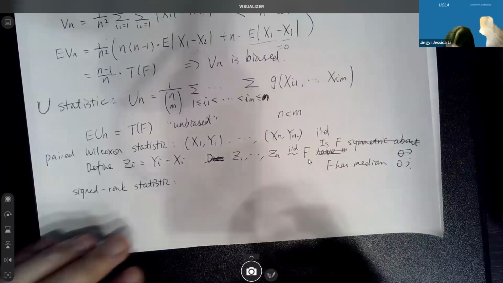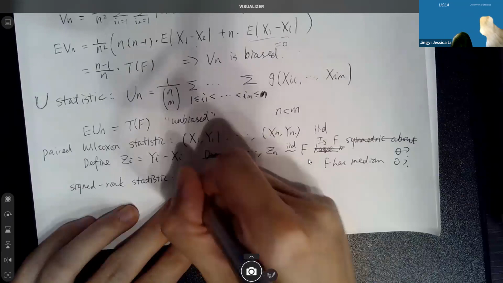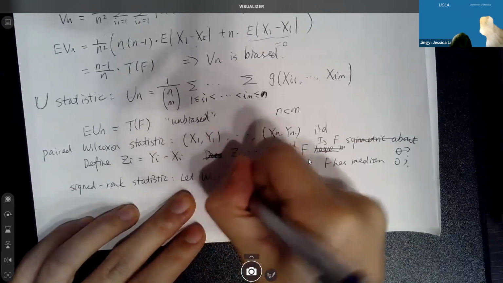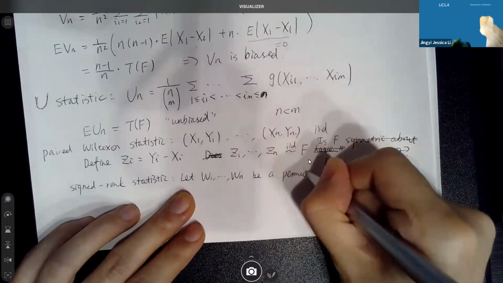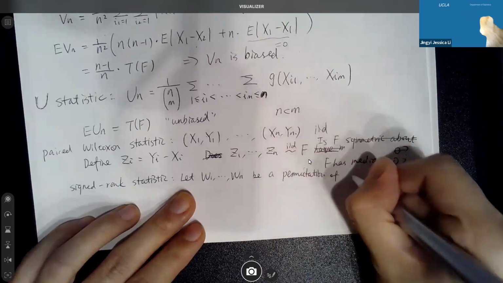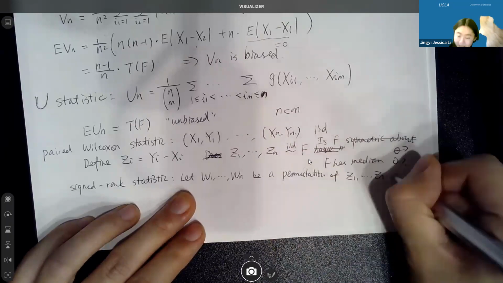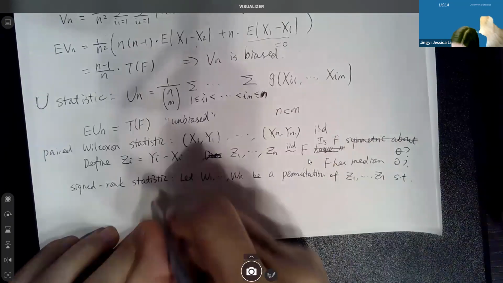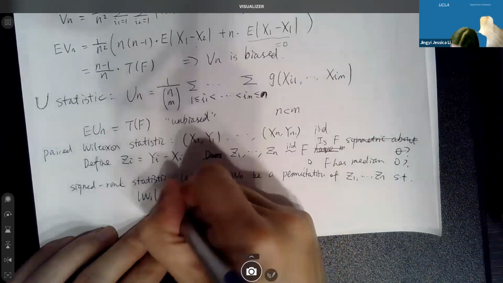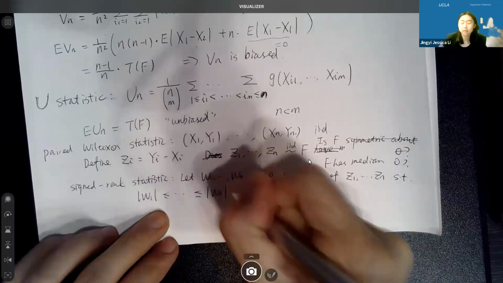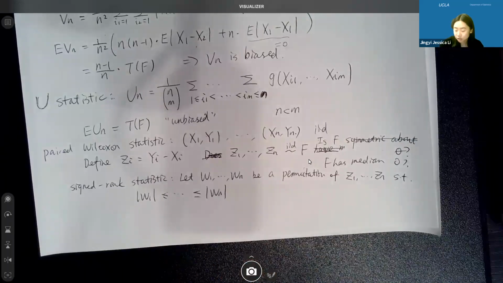What we mean is, let W1 to Wn be a permutation of Z1 to Zn such that W1's absolute value is the smallest and Wn's absolute value is the largest. So you can think of W1 to Wn as an ordering of Z1 to Zn by absolute value from the smallest to the largest.